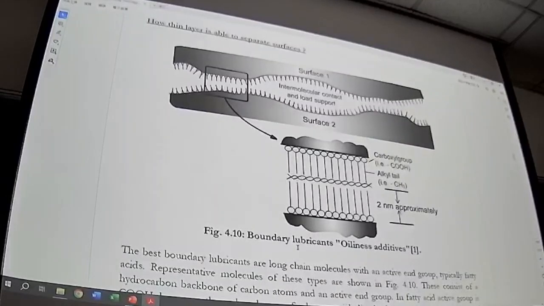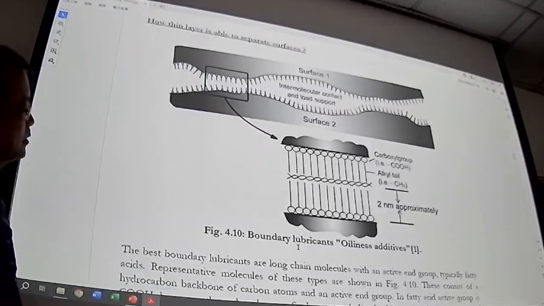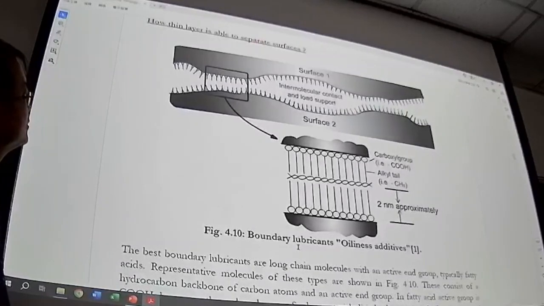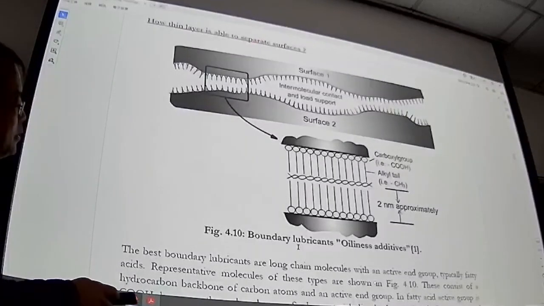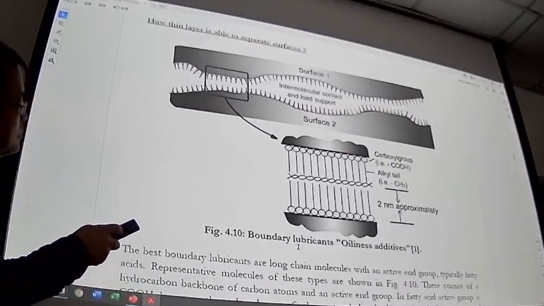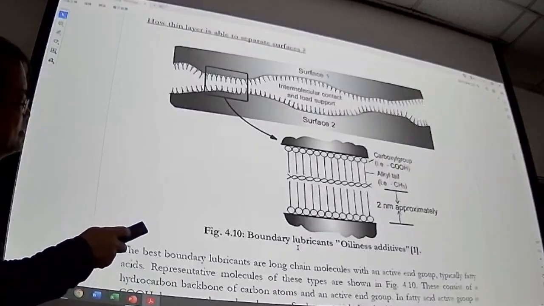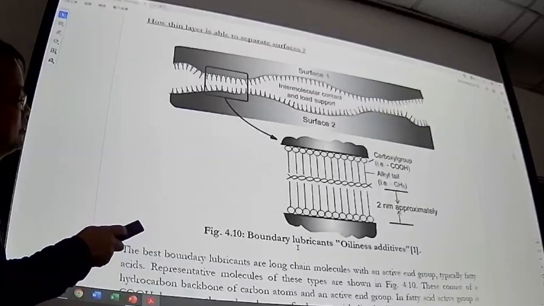So these are boundary lubrication. The oil needs additives, so we add some additives. The lubricant will attach to the surface like a long hair mechanism.